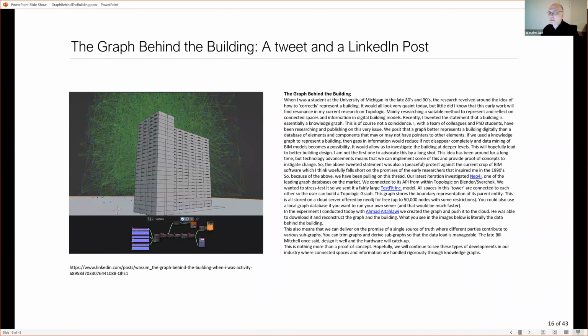So this is the tweet. This is the LinkedIn post and the tweet, which is the graph behind the building. So what you are seeing in the background, which looks like this anonymous network, is the graph of that building that you see in the foreground. And it's just a different representation. It's not meant for human readability.